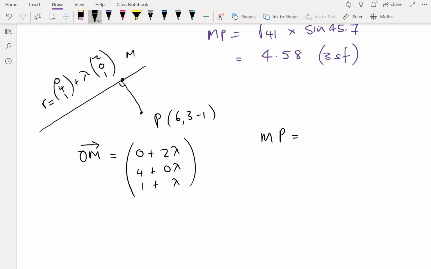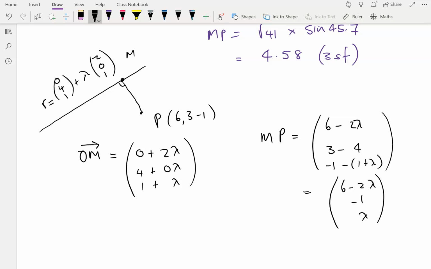And that's going to be 6 minus the x component of OM, so that's 6 minus 2 lambda, then 3 minus 4, and then -1 minus (1 plus lambda). So if I join all of those together, I'm going to get 6 minus 2 lambda, -1, and lambda. That is my direction vector, MP.